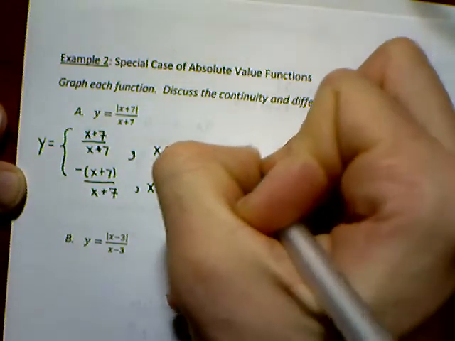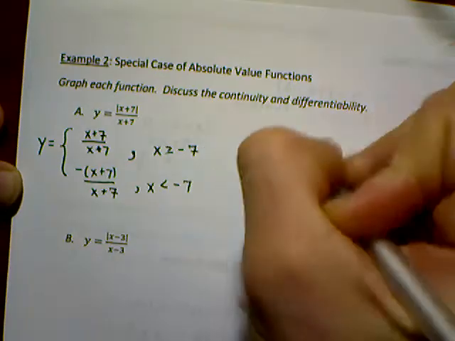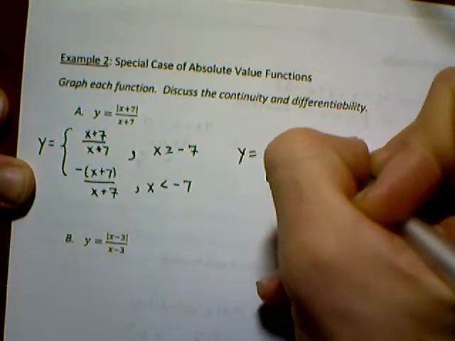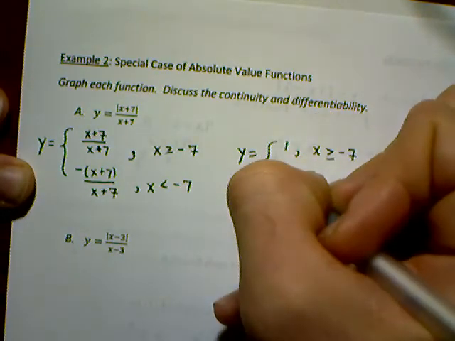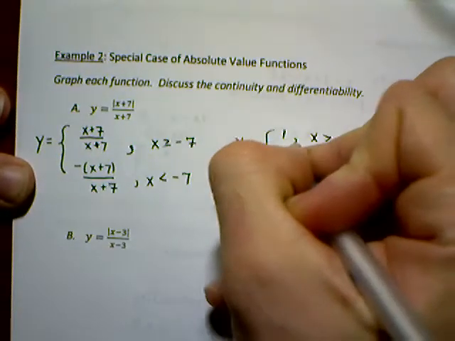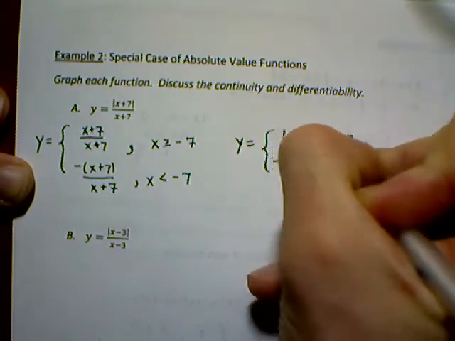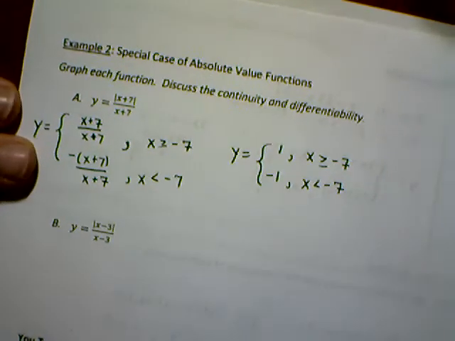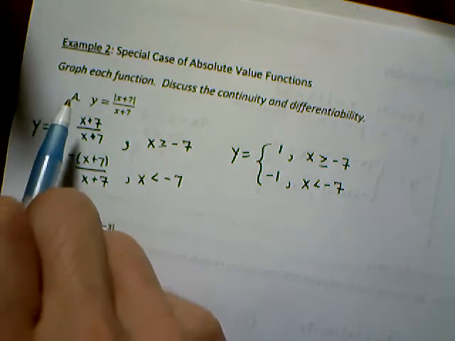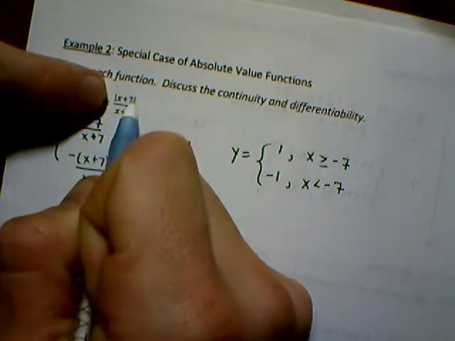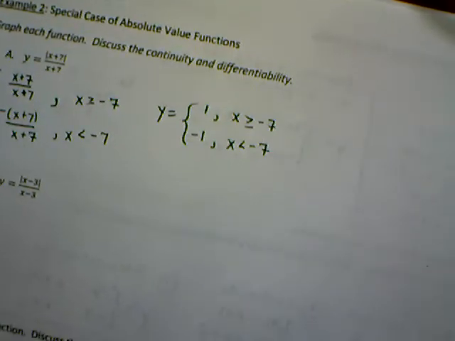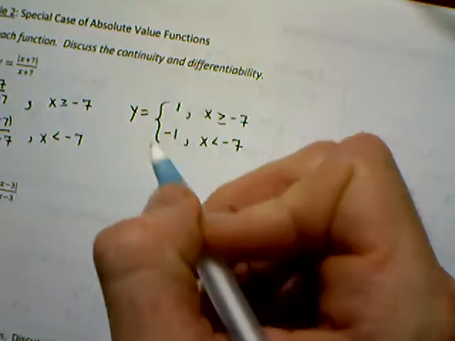So if we clean this up a little bit, y is equal to 1 whenever x is greater than or equal to -7, and x plus 7 over x plus 7 cancels out, so -1 when x is less than -7. You can kind of see that from the beginning. You have x plus 7 over x plus 7, you know that's going to be 1, but it's either going to be positive or negative because I've got these absolute value symbols.